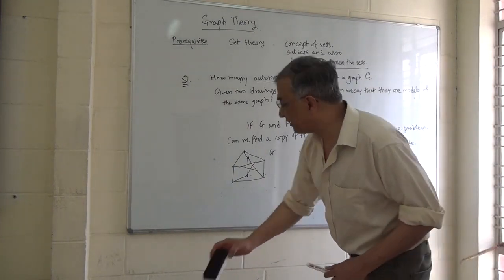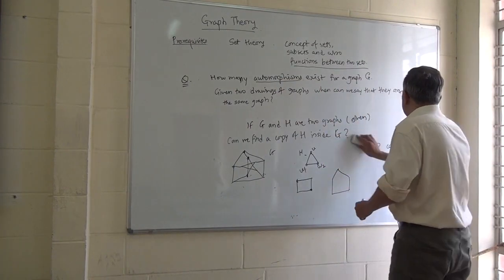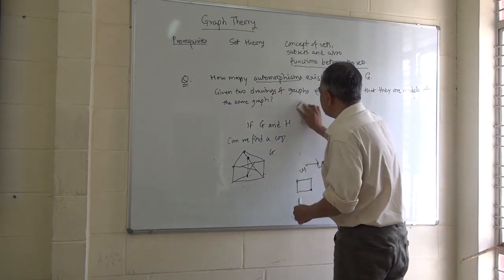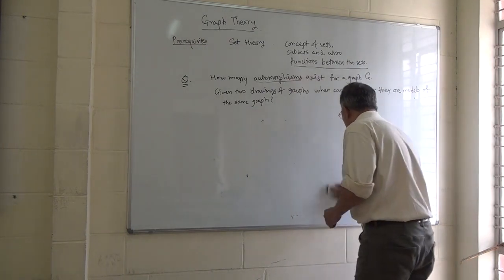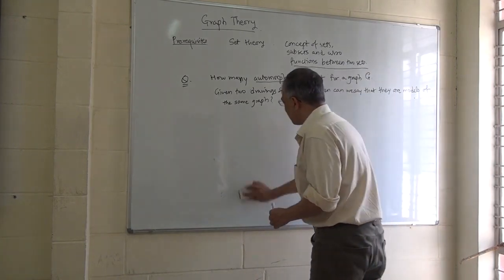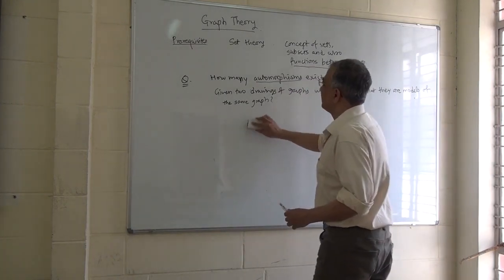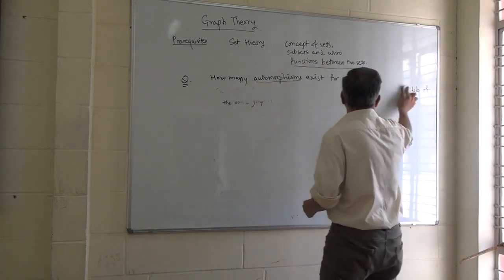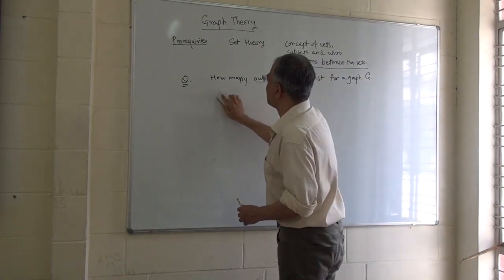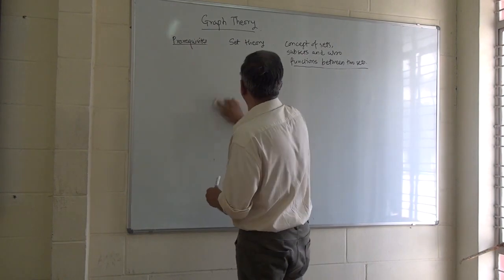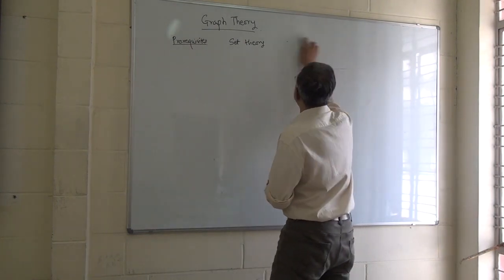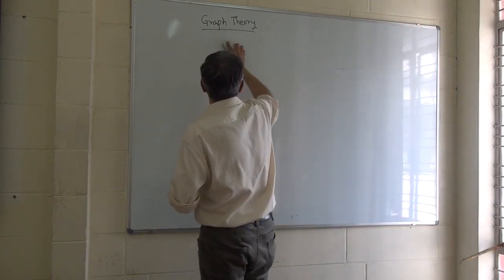Now we go into further detail on how we can say whether two graphs are isomorphic. We cannot prove it, but can we say that, given two models, they are not isomorphic? The question sometimes becomes easier if you are trying to prove negative things.